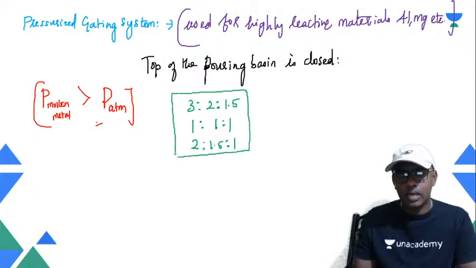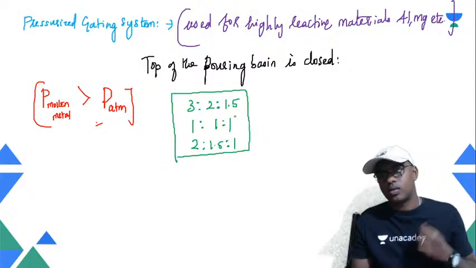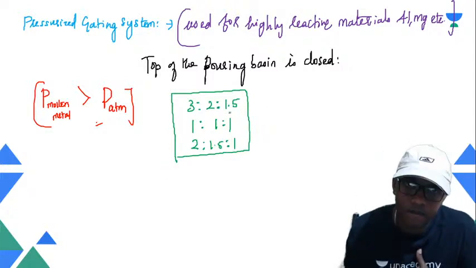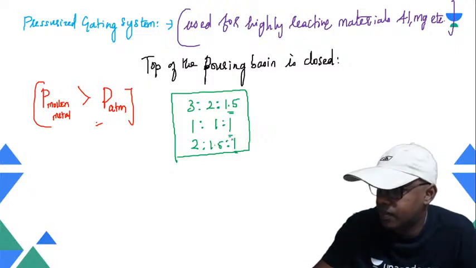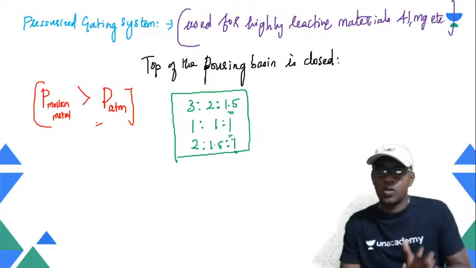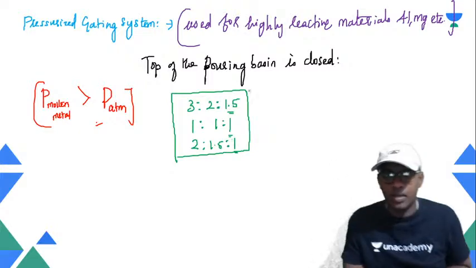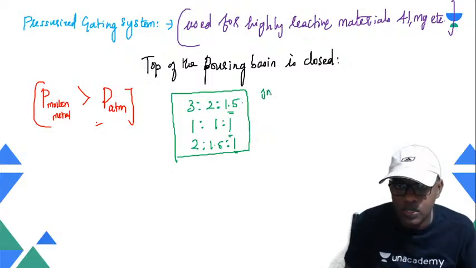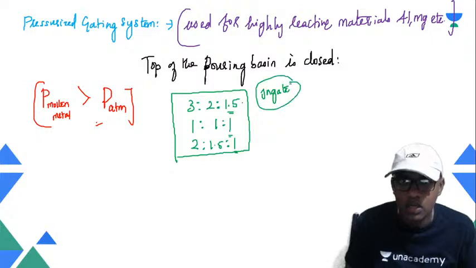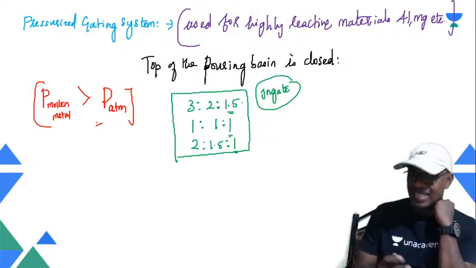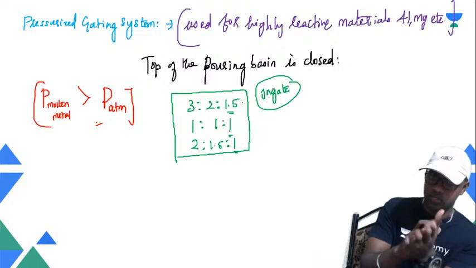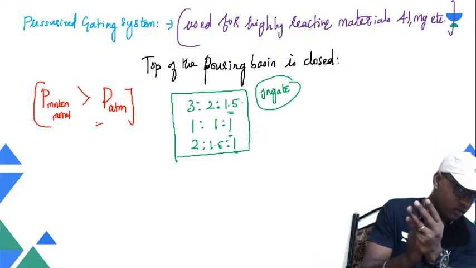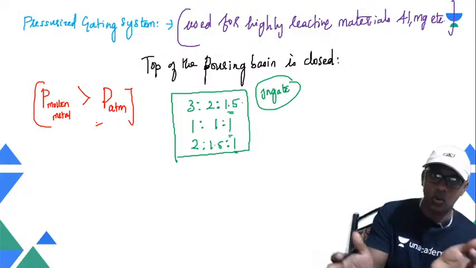You have to understand here, my dear students, your gating system, in that the in-gate values. See the in-gate values closely. Is the in-gate value the highest compared to any other area of cross section of the sprue and runner? If you see particularly, no.